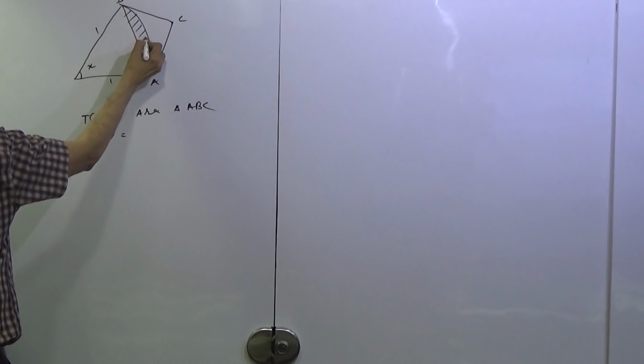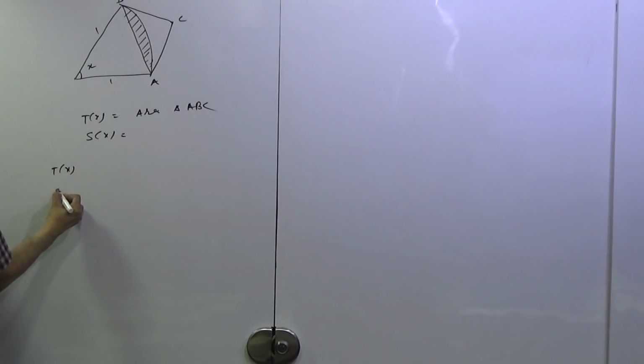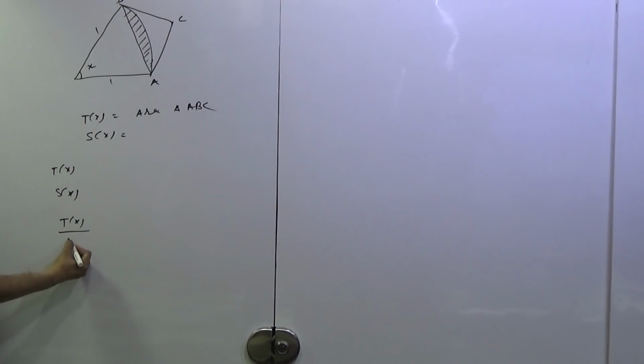This is your shaded region, right? And he is asking what is T of x, what is S of x, and the third question is asking what is T of x upon S of x for limit x tending to 0. Actually, we are interested in this. If we get this, we have to solve this only. So let us find T of x, S of x and all.